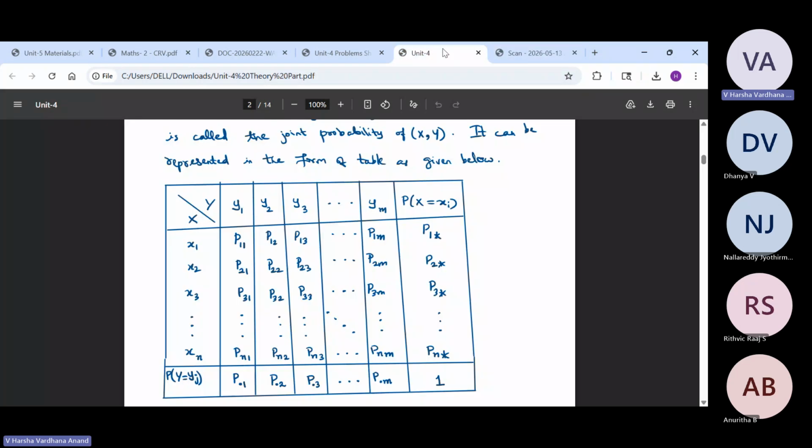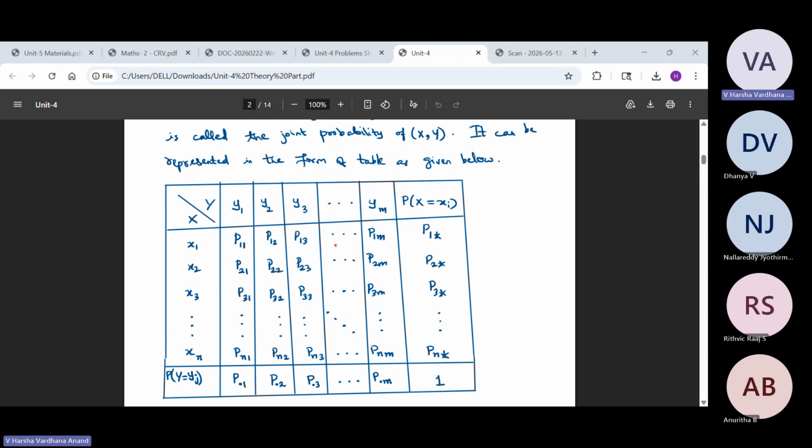So here x goes from x1 to xn, and y goes from y1 to ym. So we have this grid. How do we find this specific thing?